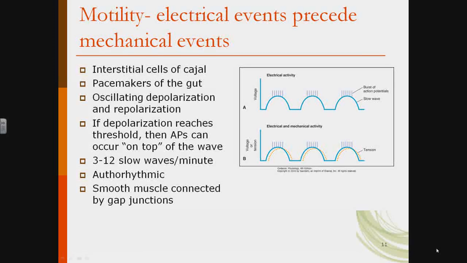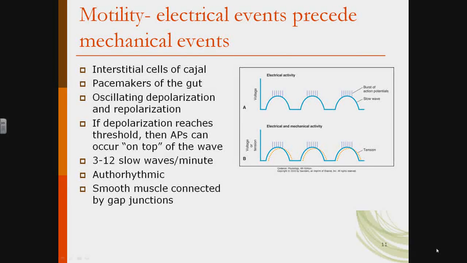They, throughout the next few minutes or so, will spontaneously depolarize and then repolarize and then depolarize again and repolarize. And we've learned that when depolarization reaches threshold, then you can have an action potential.